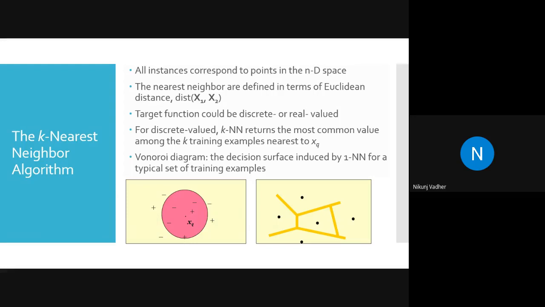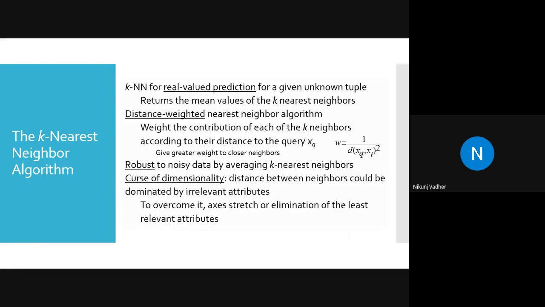Another approach to implement k nearest neighbor is weighted k nearest neighbor. So what we will do is assign weight to the neighbor.